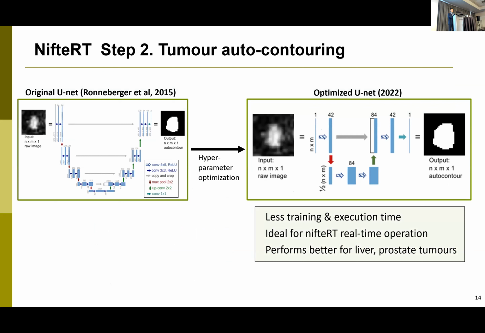Mostly we have just one pooling layer, which is good enough, and then 42 feature maps compared to the 64 in the original UNet structure. So much simpler. And because this was simpler, it took less training and execution time, which is exactly what we wanted. And it actually performed better for liver and prostate cases, about the same performance for lung cases.